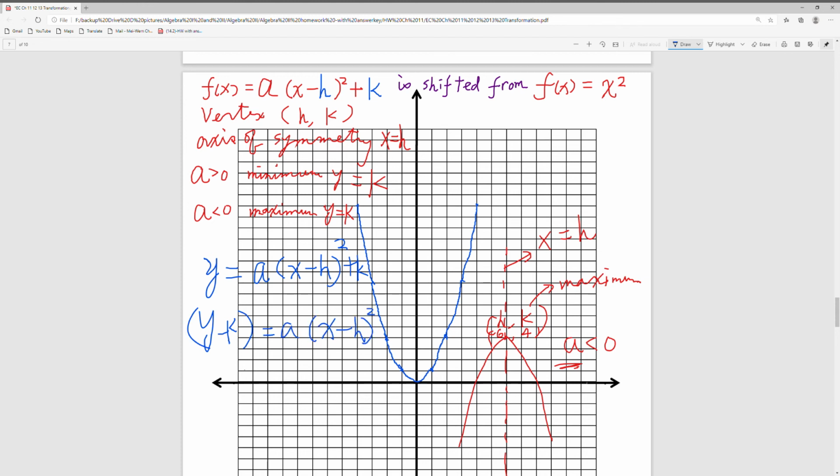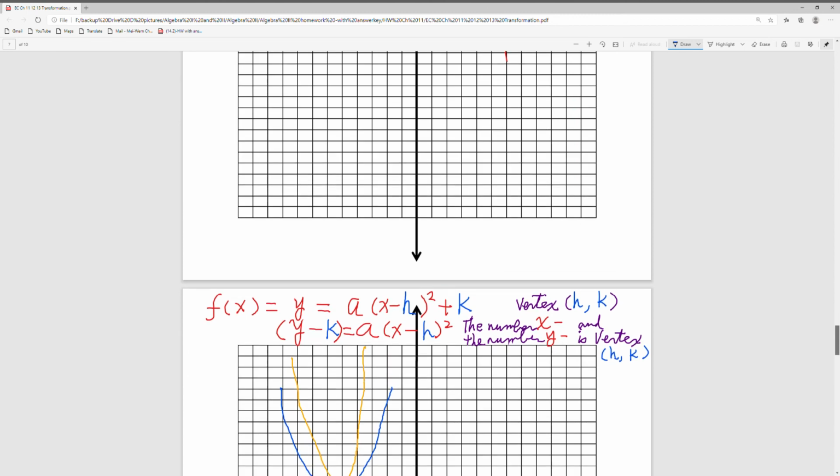So when k is on the other side, very close to y, it is basically being taken away from y. So the number y takes away is k, the number x takes away is h, which is the vertex. So this concept is applied especially in chapter 13.